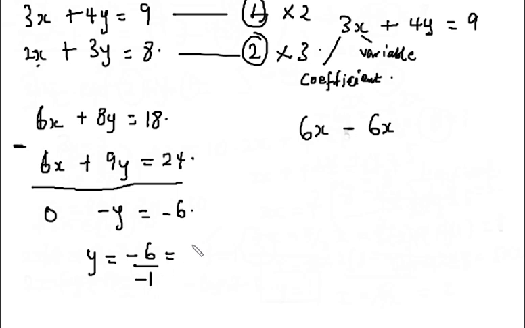Let's call this equation 3, and let's call this equation 4. To get our value of x, we can pick any of the above equations and solve for x. Let's pick equation 2.